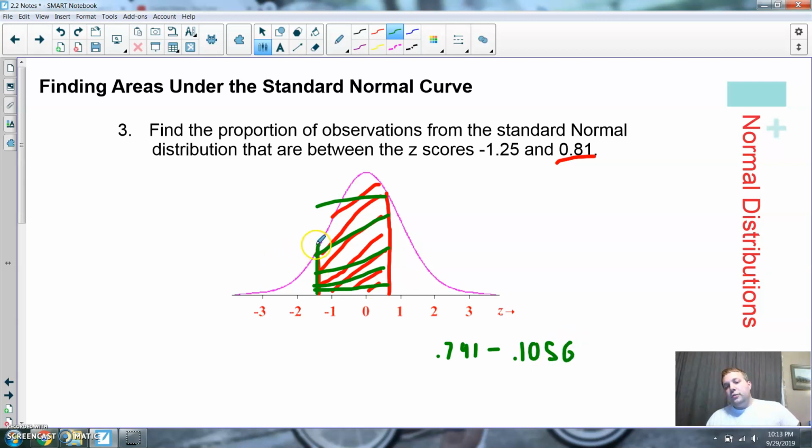So below this mark, there is 10% roughly. Below this mark, there's 79. So if I take all of this and erase that 10%, I'm left with what's in the middle. And my final answer is, oh my goodness, we'll do this. 0.791 minus 0.1056.